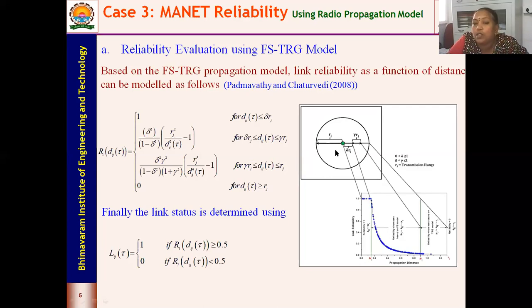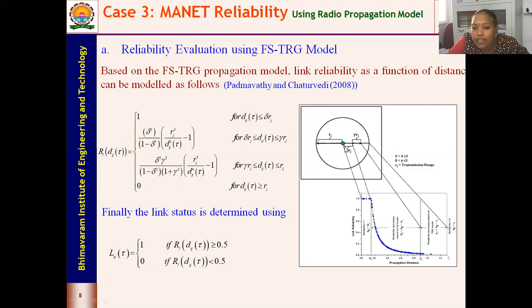If Dij is less than or equal to Rj, in the previous model I took link reliability equal to 1. But that is not true in the practical case. You cannot have a link reliability equal to 1. There may be variation, there may be randomness in the signal due to obstacles. So when there is randomness in the signal, at each particular stage we need to check what will be the link reliability. So I am splitting it.